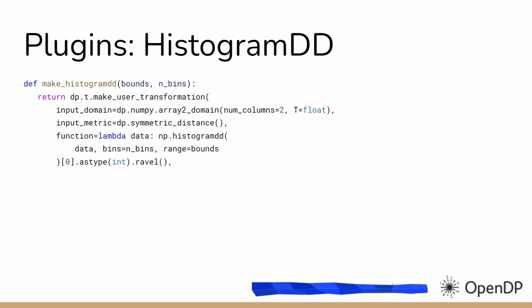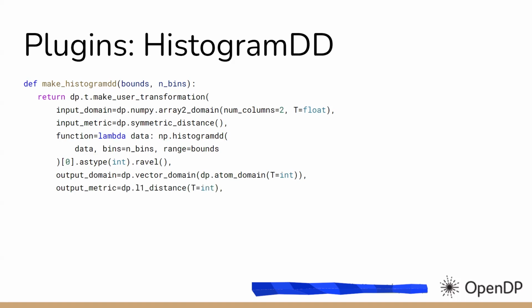It'll bucket it out into a big vector of counts in each bin, and output that as a vector. So this is characterizing how far apart datasets can change, what datasets can be, and what the computation is going to be run on it. And how do we reason about how far apart datasets are on the output?